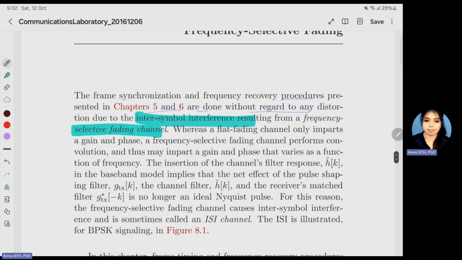As in the class we saw, this is also called flat fading, where we have distortion other than this particular bandwidth. So frequency selective or flat fading.